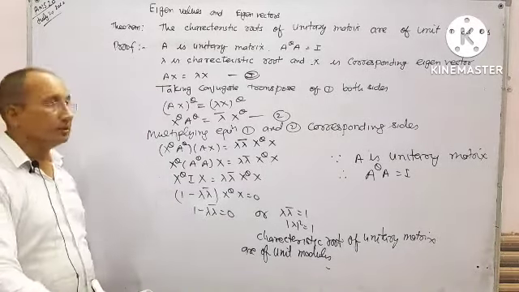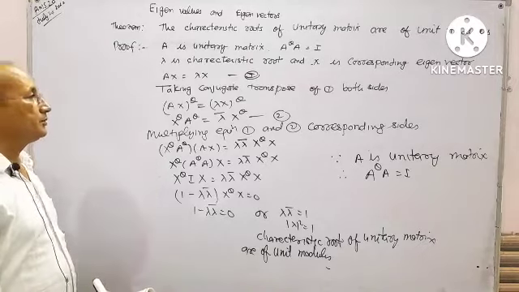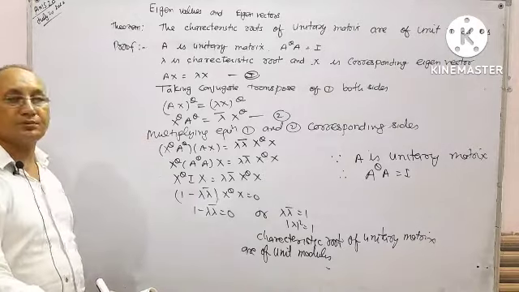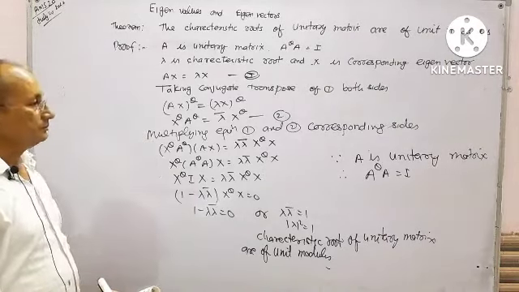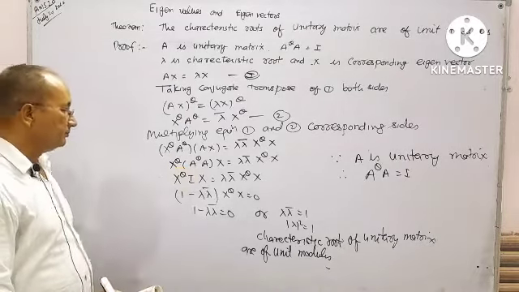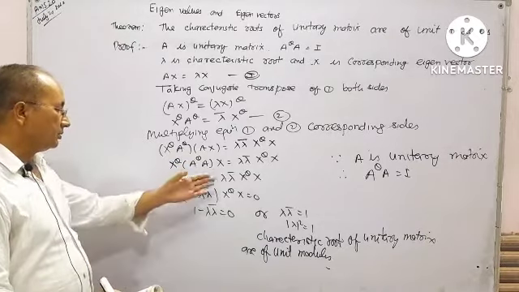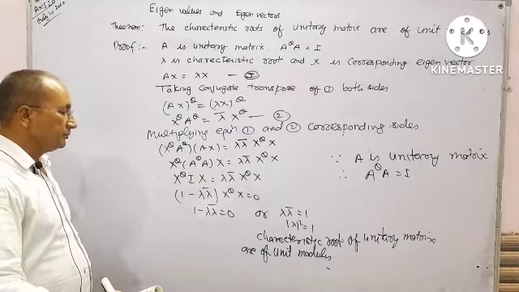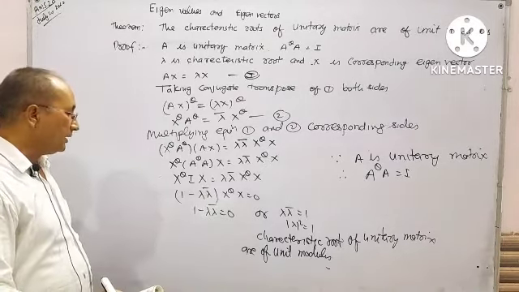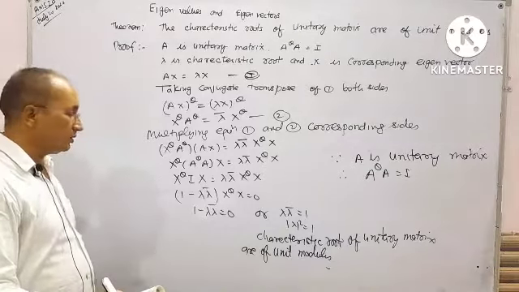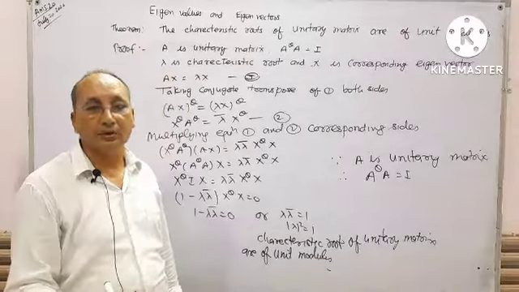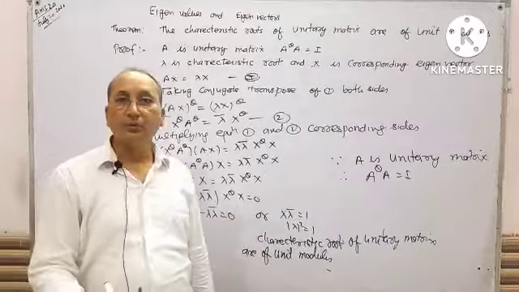The characteristic equation Ax equals lambda x, taking conjugate transpose both sides, then multiplying equation first and second corresponding sides, and using A is a unitary matrix, A theta A means identity, or taking common x conjugate transpose x, either 1 minus mod lambda square equals 0, or mod of lambda square equals 1. Lambda is of unit modulus, that's all.